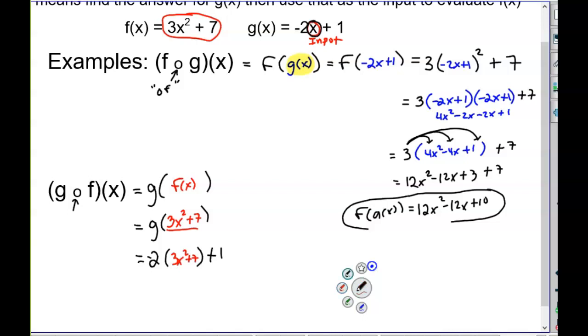The nice thing here is we don't have any squared, so then I just have to distribute the negative 2. So I'll get negative 6x squared minus 14 plus the 1.